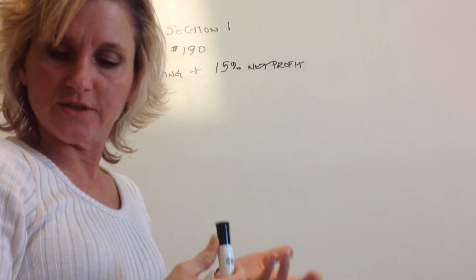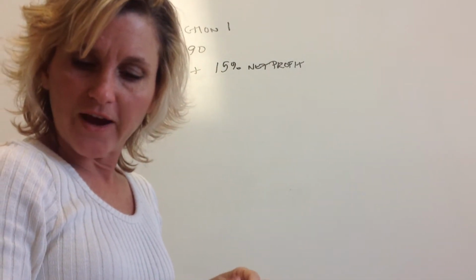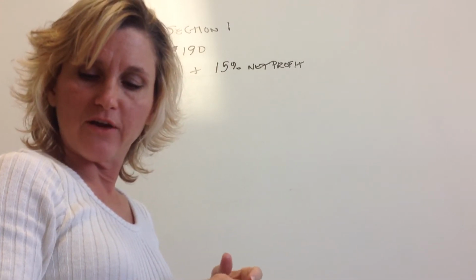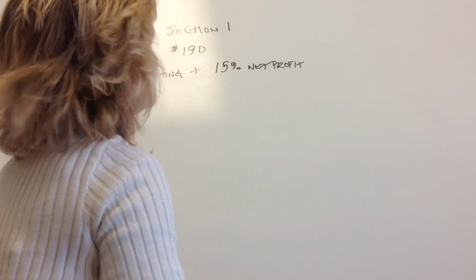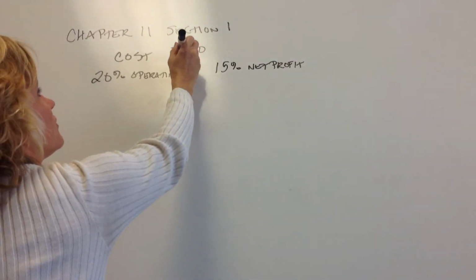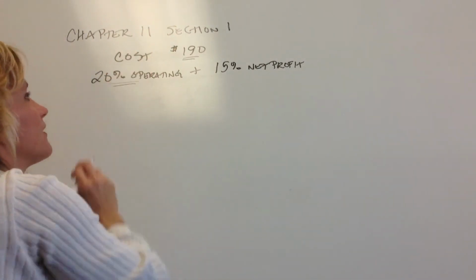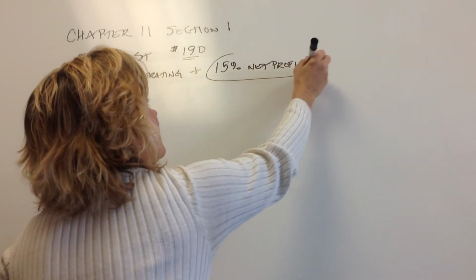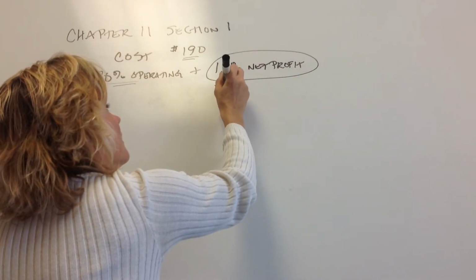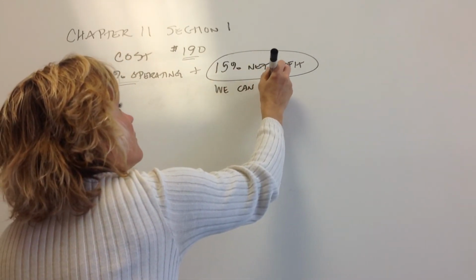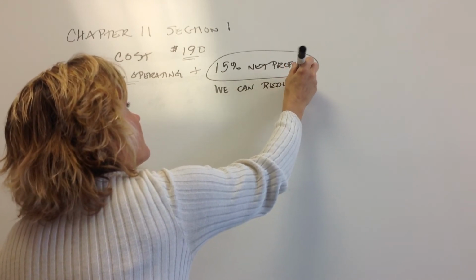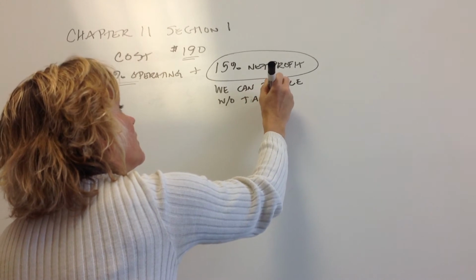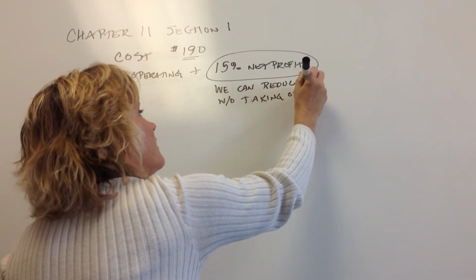So then it says to find the original selling price of the enlarger, and then the maximum percent markdown that can be given without taking that operating loss. So again, we have to cover our cost, and we have to cover these operating costs in order to not take a loss. So this is the only piece that we can get rid of, or that we can reduce, without taking an operating loss. So then that's kind of the key.